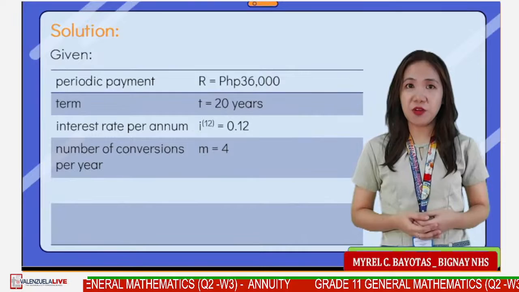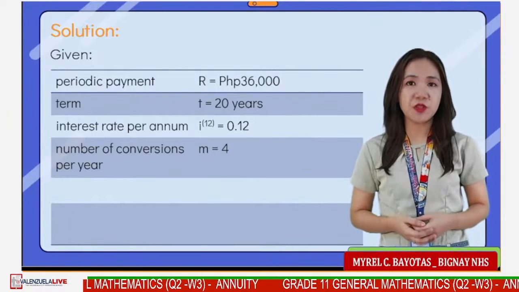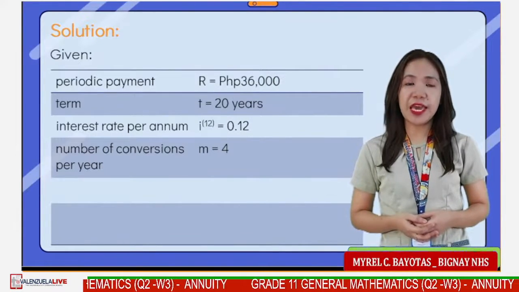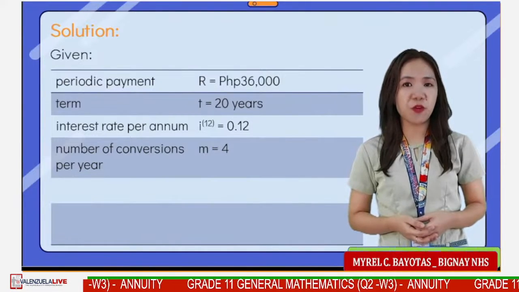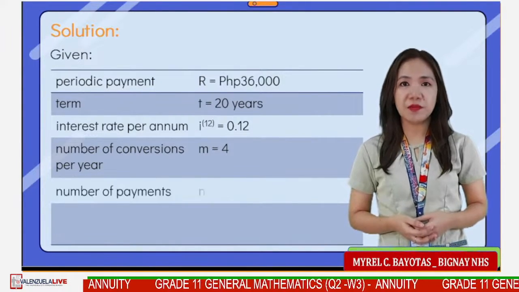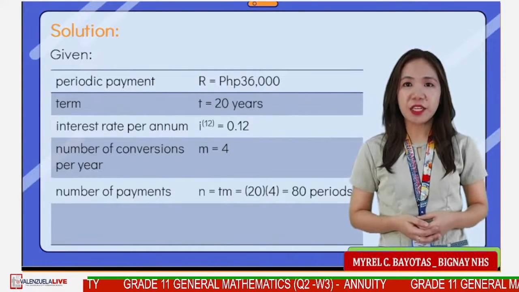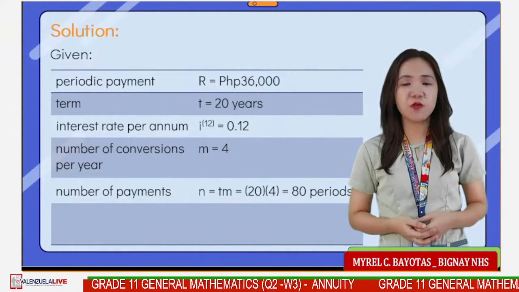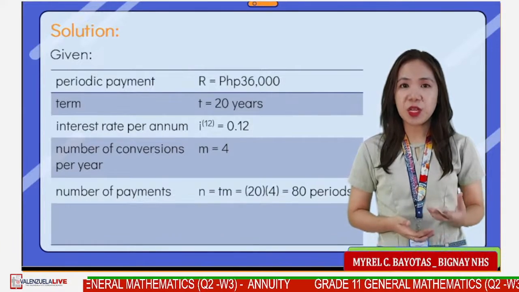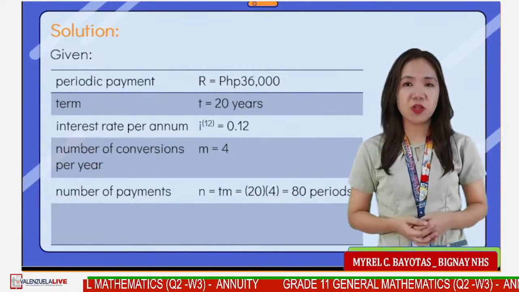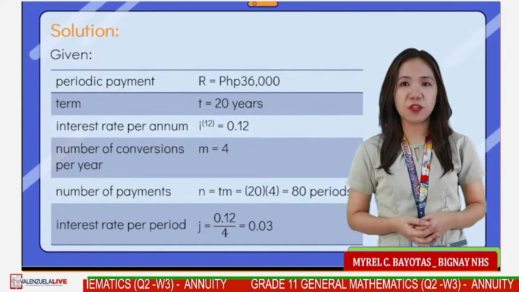Since the money will be compounded quarterly for 20 years, the number of payments is n equals tm. n equals 20 times 4 equals 80. Finally, to get the interest rate per period, we use the formula j equals i over m. By substitution, j equals 0.12 divided by 4.